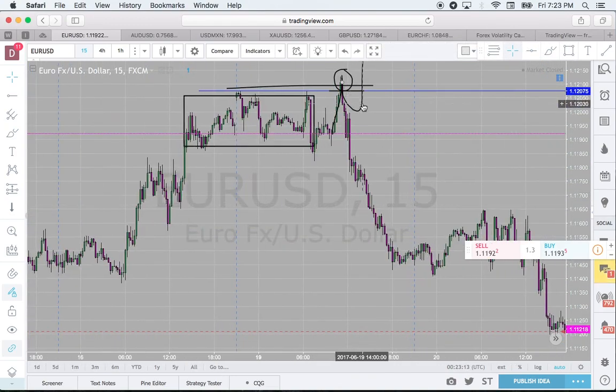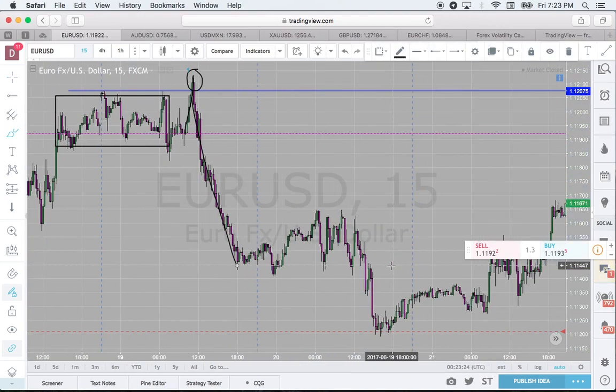But what happened? The stop losses were hit and price moved down to the next zone and consolidated.